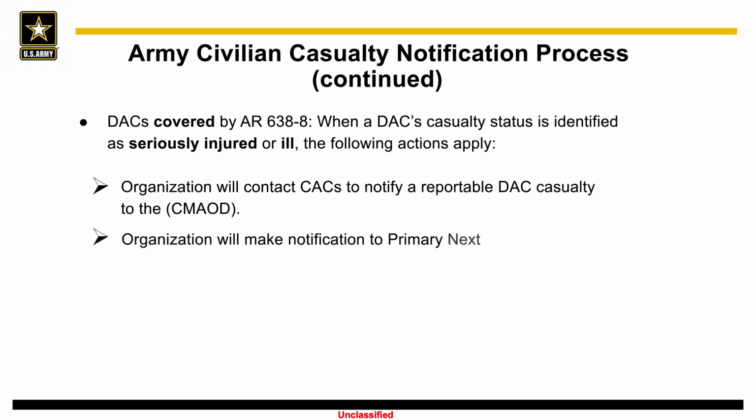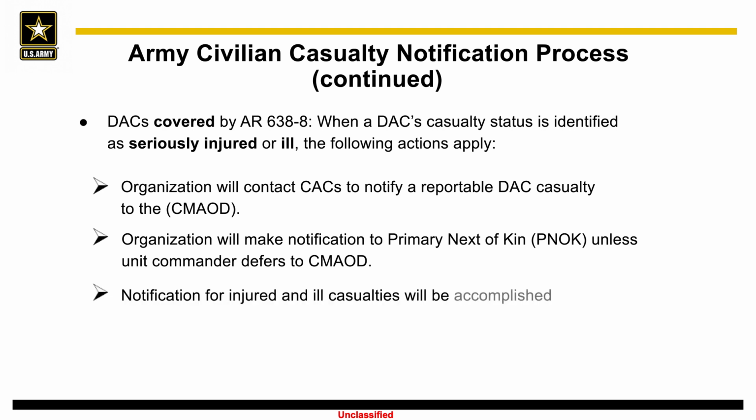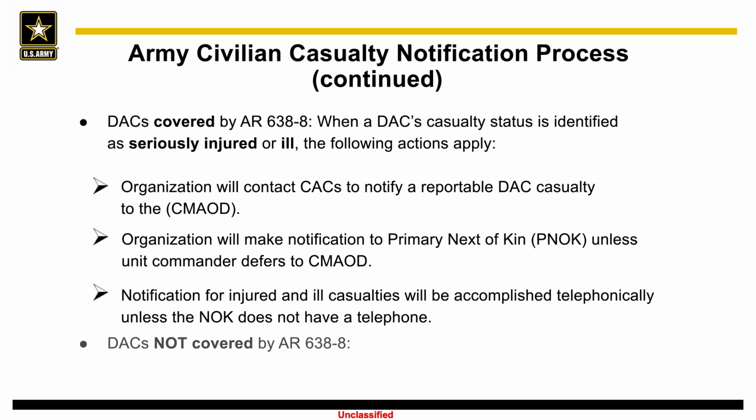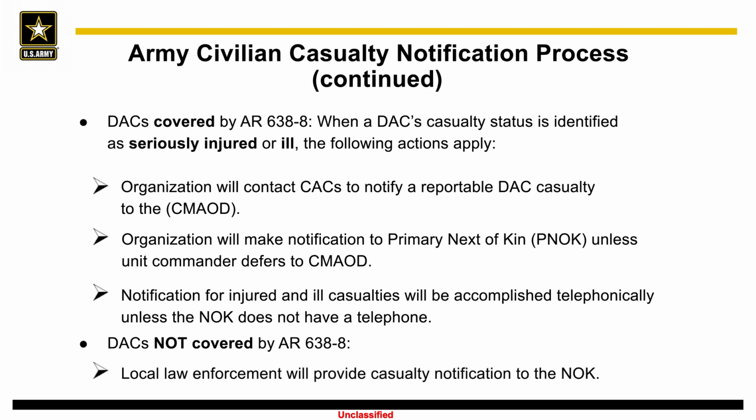The organization will make notification to primary next of kin unless the unit commander defers to the CMAOD. Notification for injured and ill casualties will be accomplished telephonically unless the next of kin doesn't have a telephone. For Army civilian employees not covered by AR 638-8, local law enforcement will provide casualty notification to the next of kin.